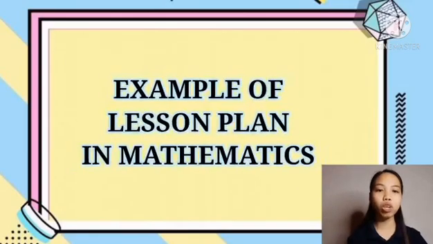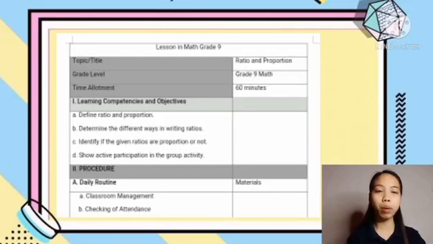Here is an example of a lesson plan in mathematics. In this example, we can see that the first thing they do is write the lesson or the subject they teach. The next step is the objectives. After that, the procedure, which includes the attendance and classroom management, and how to plan the resources and materials needed in teaching.